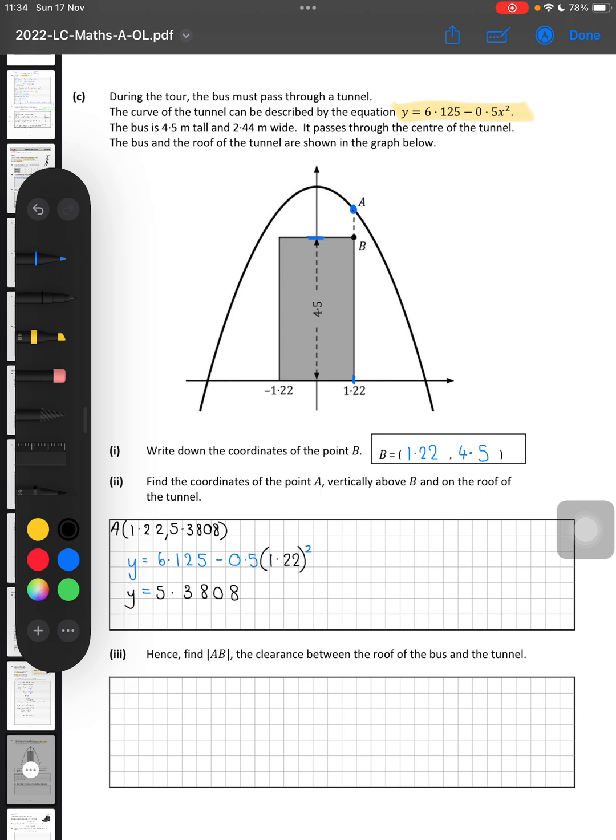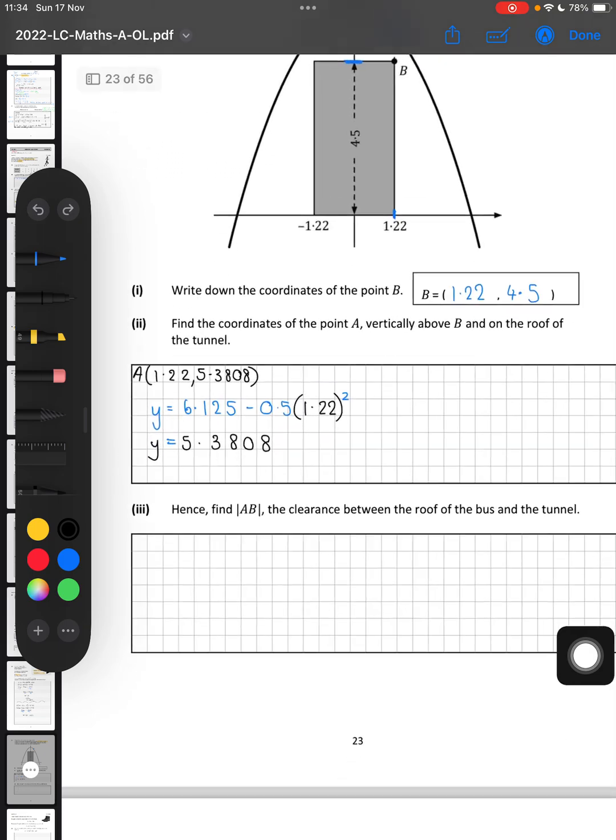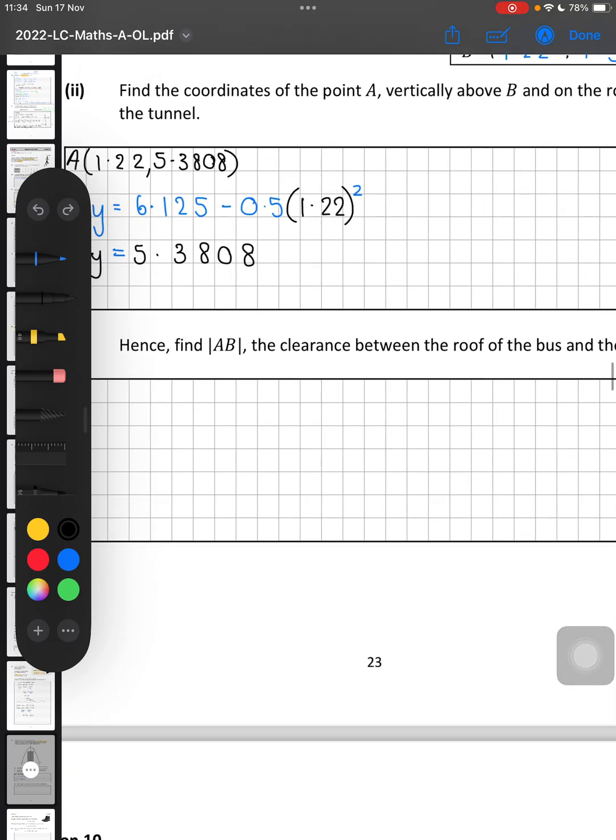So then it says, hence find the distance from A to B, the clearance between the roof and the bus of the tunnel. Remember on a graph, if you're finding a distance that is just literally on a straight line, let's say I'm going from the point 1 to 6, if I am making that horizontal line between here and here, and I'm not going up or down, then it is literally just how many numbers do you pass going from 1 to 6.